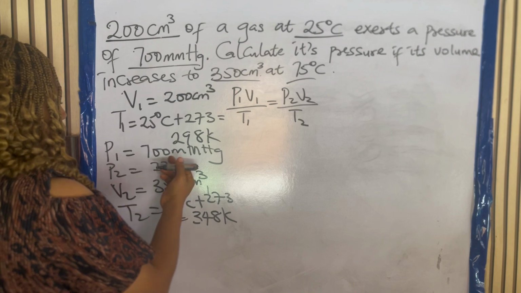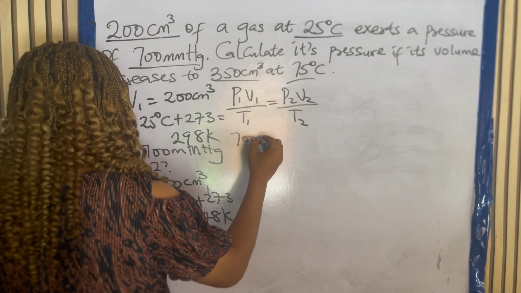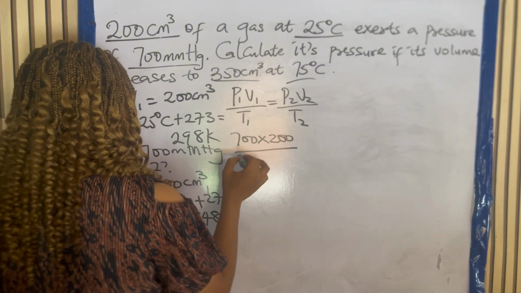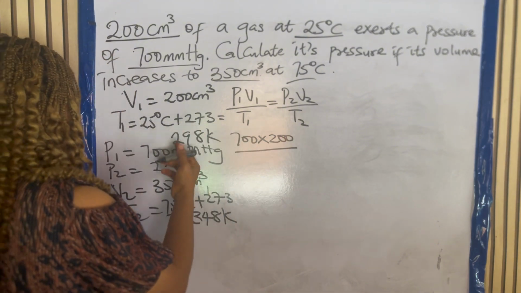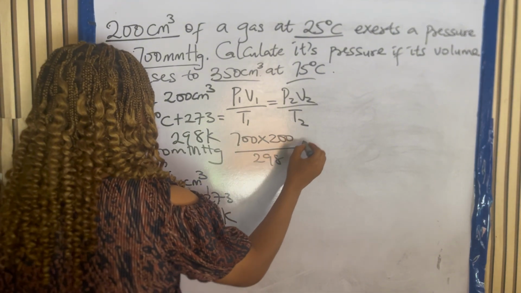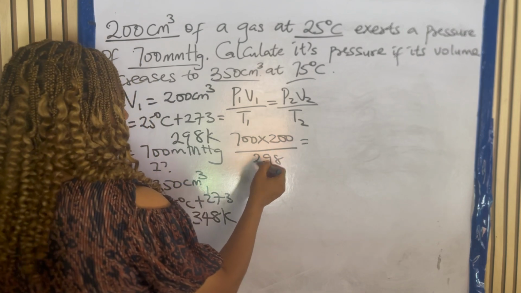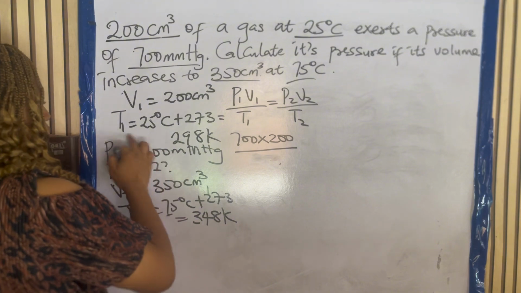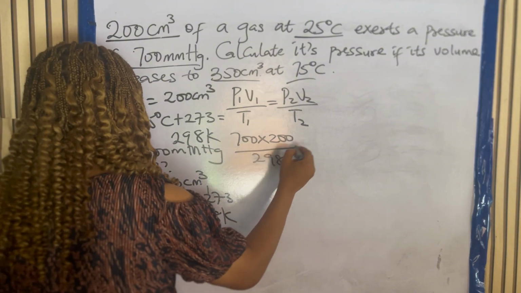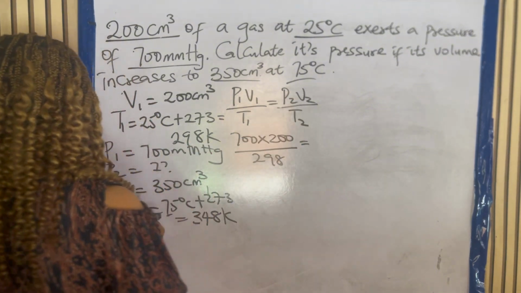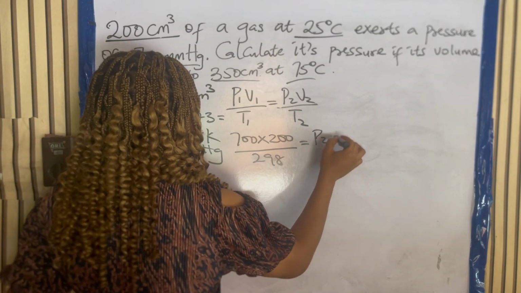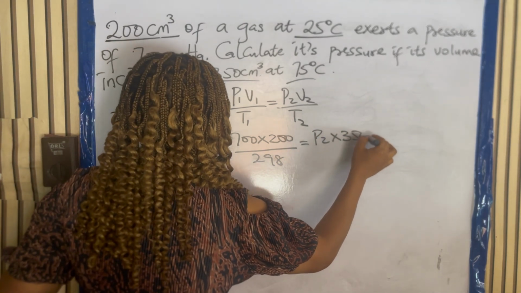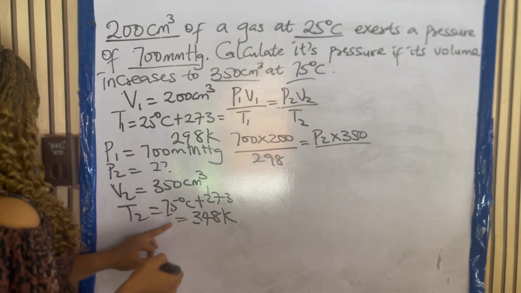From what we have here, P1 is 700, times V1, which is 200, all over T1, which is 298, equals P2, what we are looking for, times V2, which is 350 cm cube, all over T2, which is what?